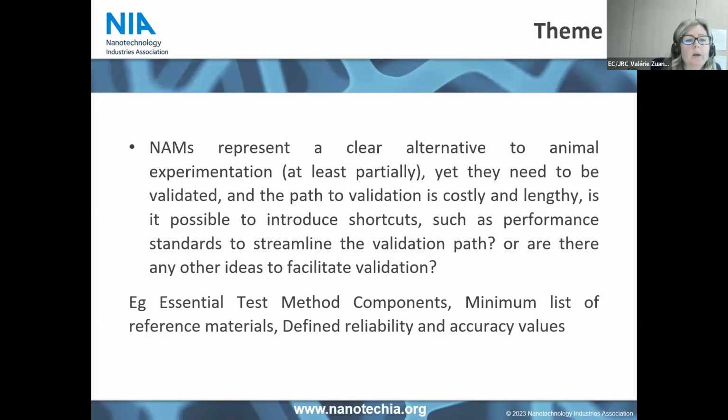Yes, so the OECD guidance document 34 was published in 2005, and the technology has really evolved a lot. We are faced with a lot of different methods, having also computational models inside, artificial intelligence, etc. So we need to adapt guidance document 34 to keep pace with all these developments.